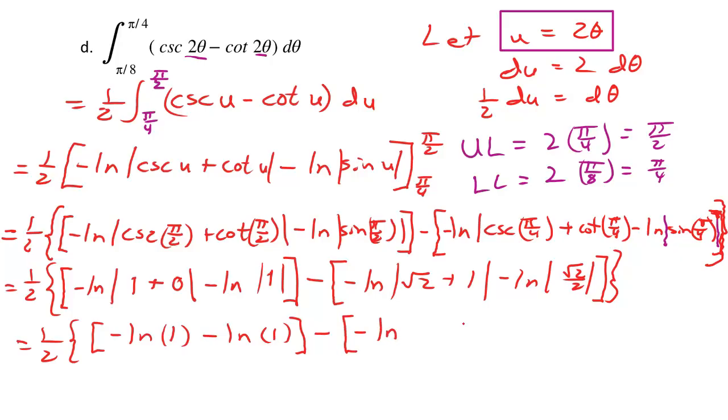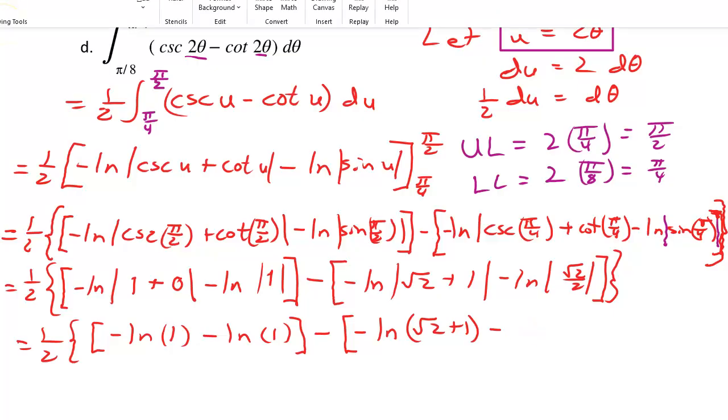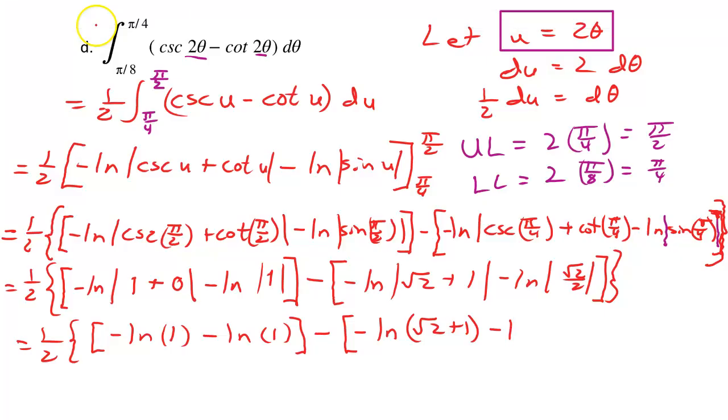All right, so here we have, I don't think we can do anything with root 2 plus 1 except put it in parentheses because we know it's positive. And then natural log of root 2 over 2. Can't do anything with that, but we can put it in parentheses. Oh, I need my natural log on that. I'll forget that. Natural log root 2 over 2. Close the bracket, close the brace.